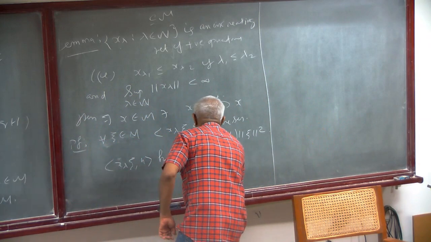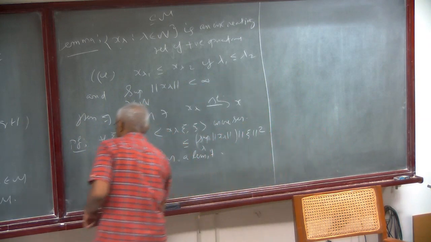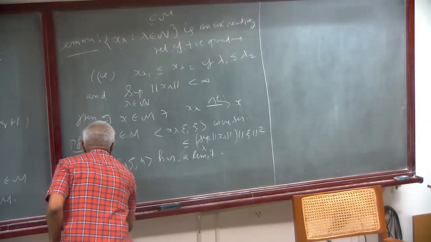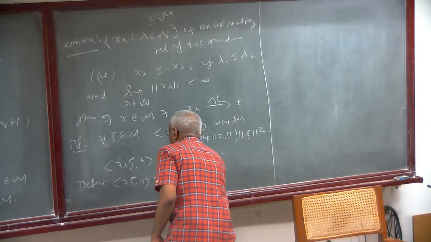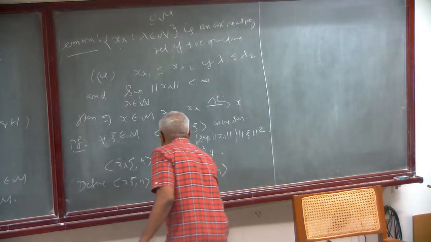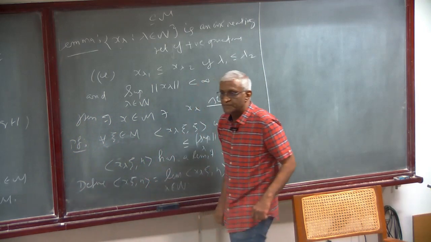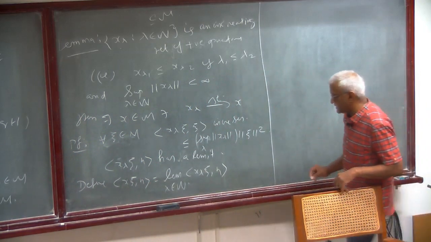Or you can define an operator using it. That's what I want to do. So define the inner product of x xi with eta equal to the limit of the inner product of x lambda xi with eta, using the polarization identity.